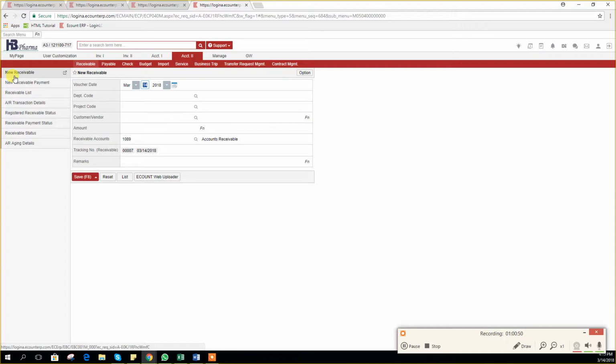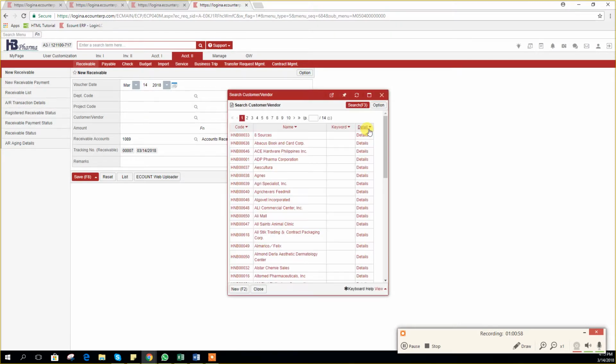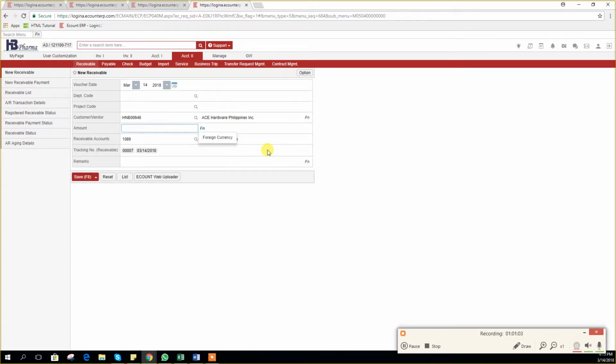So you go to new receivable. This is very straightforward. Okay. So you can click on, let's say, this one, we select Ace Hardware Philippines, right? And then you are going to receive 20,000 from them this date.